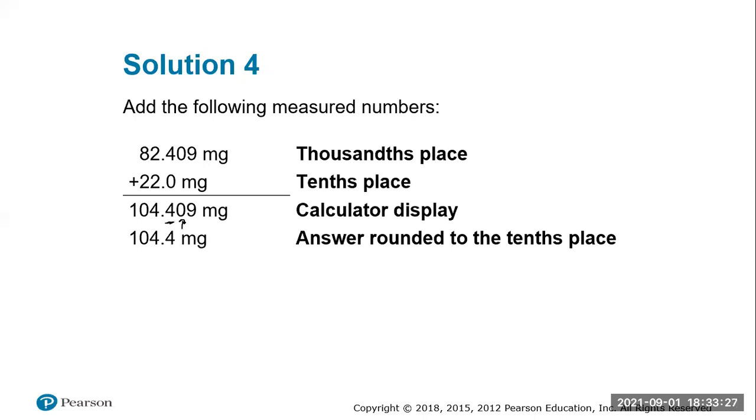The next number is a 0, which means we just drop it, and we end up here at 1 decimal place. If we were to continue on with this calculation, this number would then have 4 significant figures if we were doing some type of multiplication along the way. Any questions on that?